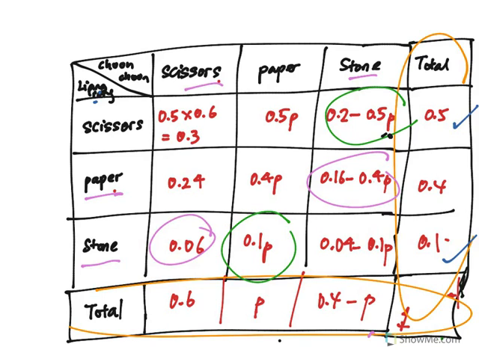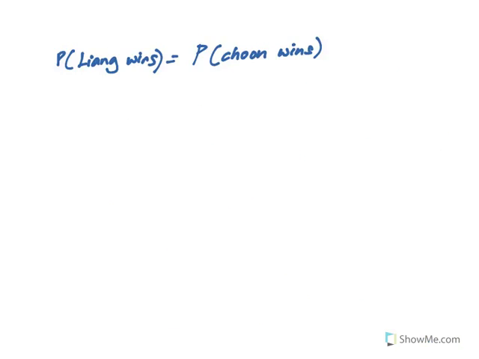It can also be Liang giving scissors and Chun giving paper. So you can see the pink portion. For Liang to win, it's 0.06 plus 0.5p plus 0.16 minus 0.4p.